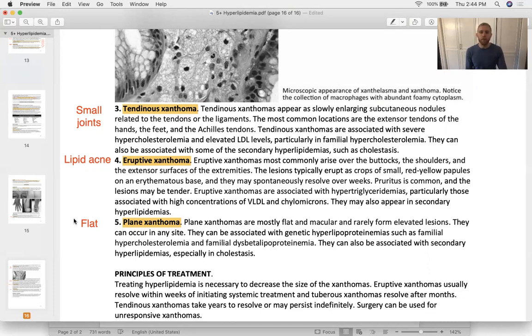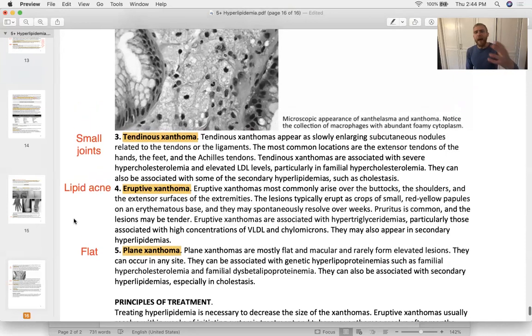Now, these xanthomas are associated with various syndromes and hypercholesterolemias, but I believe that part of these bullet points is there to inform you and to help coordinate your diagnoses. I think there's a very low chance that you get a question that says, here is a xanthoma, what disease is this associated with?